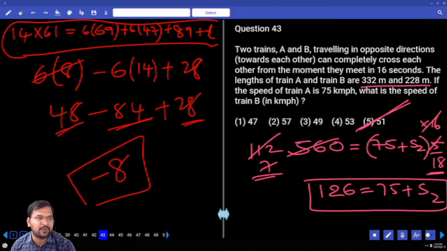Subtract 75 from 126. Shall I go for the next question?